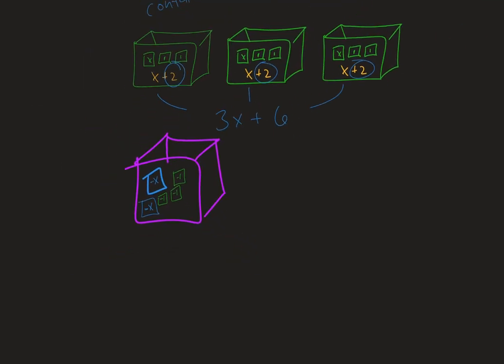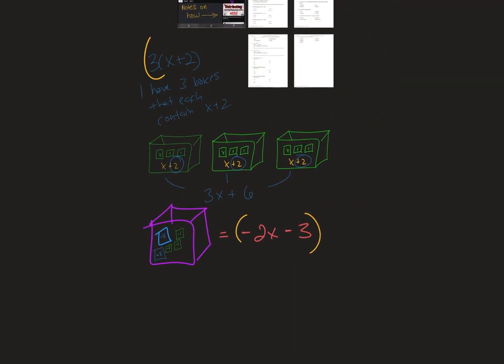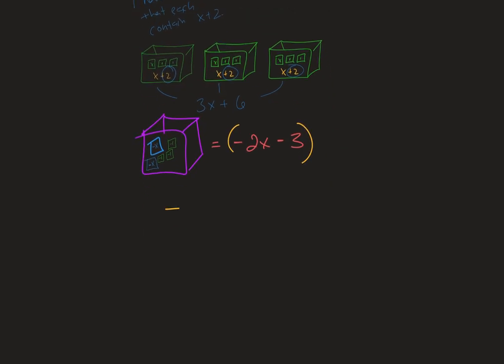Okay, well, the contents of this box is -2x minus 3. And then what if I told you I don't just have 3 of those boxes, but I had -5 of these boxes? Are you going to draw that picture? No. This is why we need to learn how to do this stuff.